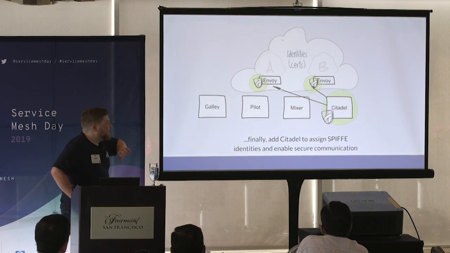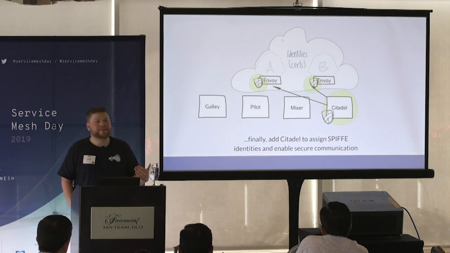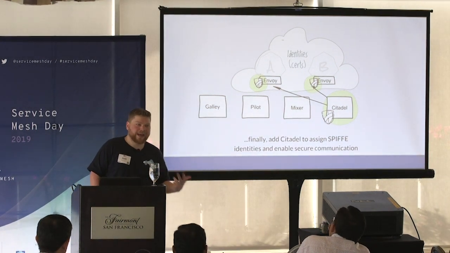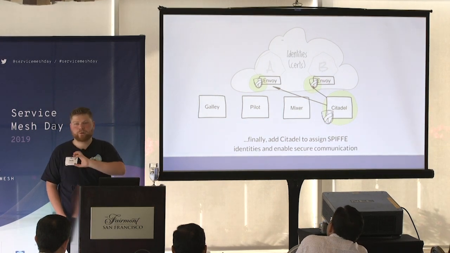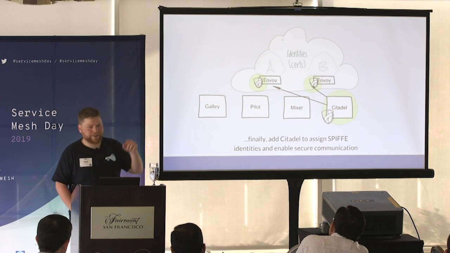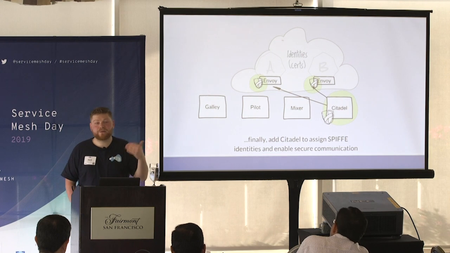And then the final piece of the control plane that we should talk about is Citadel. This is the piece that's responsible for identity issuance and certificate rotation. So we will talk at length about how Istio issues identities that are used at runtime and how this whole certificate rotation infrastructure works. But the very short story is we mint X509 certificates.